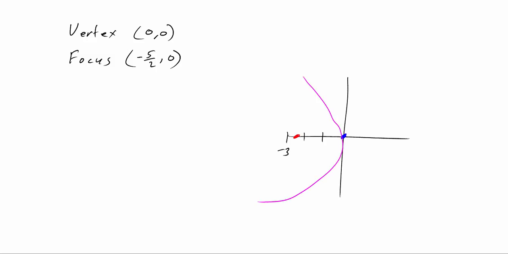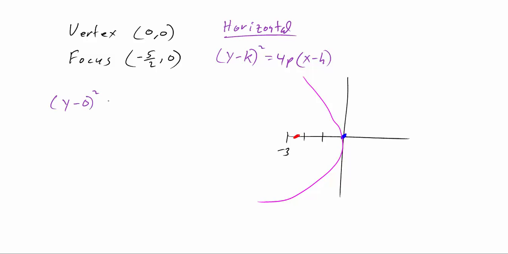Once again, we're going to have a horizontal axis, and the equation is simply y minus k squared equals 4p times x minus h. And we already know the values of h and k, so that would simply be y minus 0 squared equals 4 times the p-value multiplied by x minus 0, because once again we still have the same h and k at the origin.